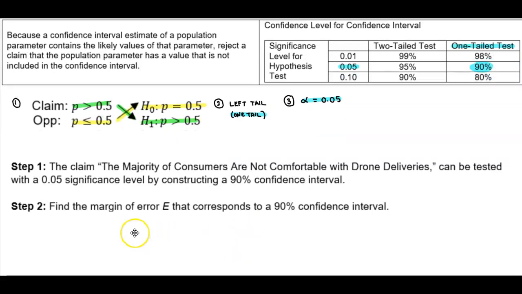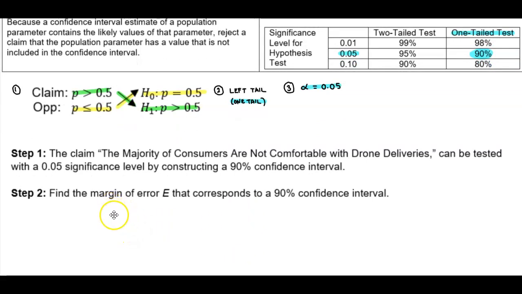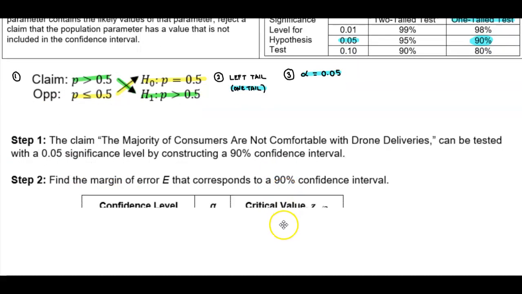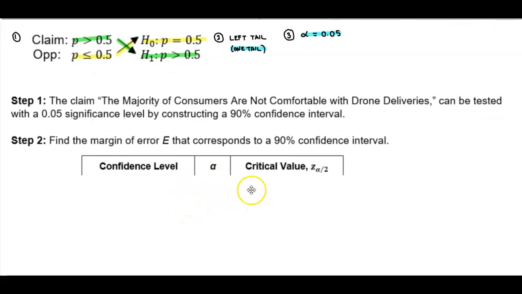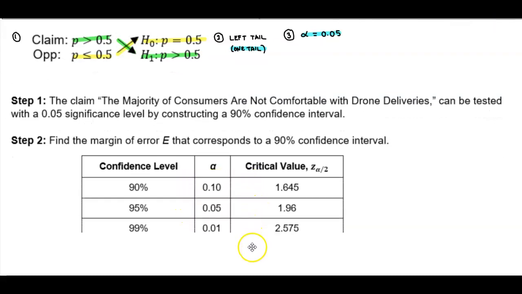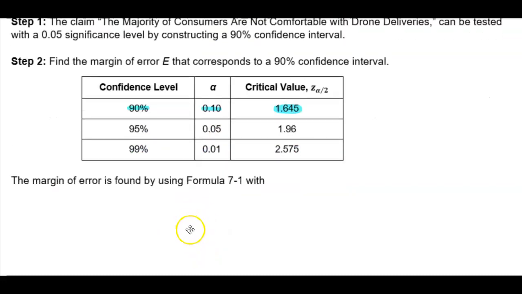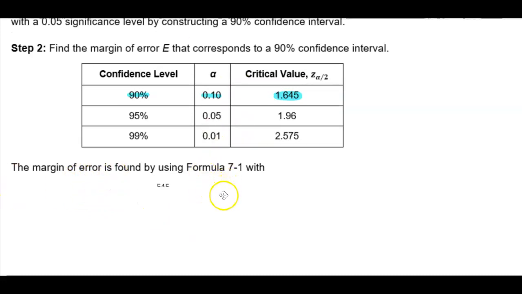Now in step 2, we're going to find the margin of error E that corresponds to a 90% confidence interval. Recall that for the confidence level, alpha and the critical z value are our main ones. Since we're using a 90% confidence level, alpha is 0.10, so the critical value is 1.645. Now we can find the margin of error using the formula in 7.1.